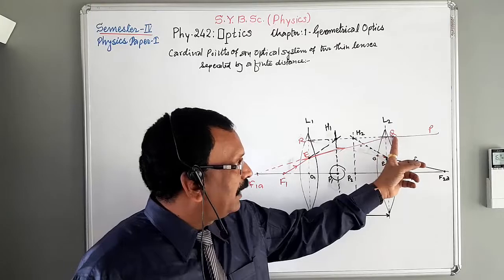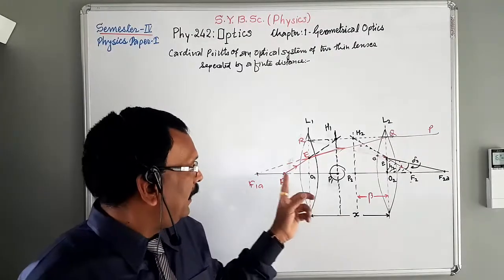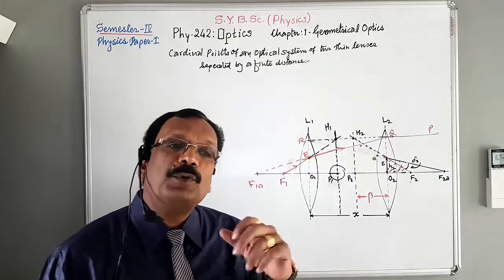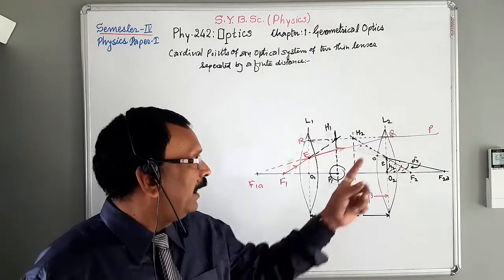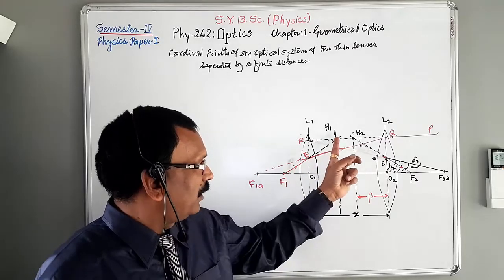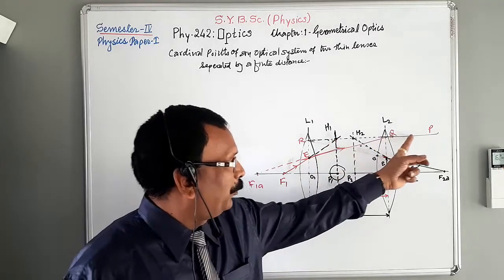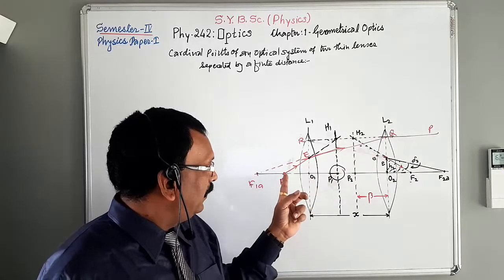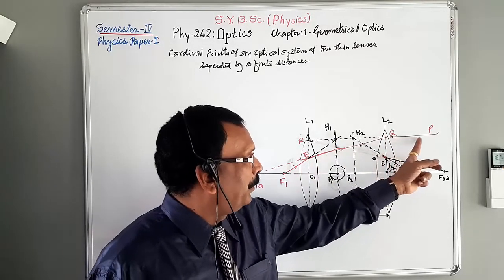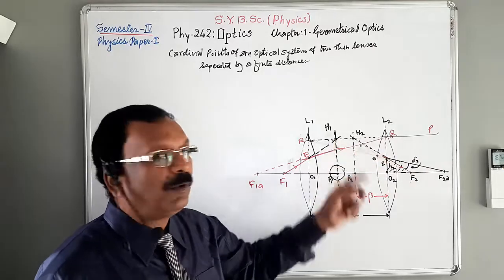The final emergent ray QP and incident ray F1E, when produced, intersect at point H1. See here, F1E is produced forward and QP is produced backward, and they intersect at point H1.